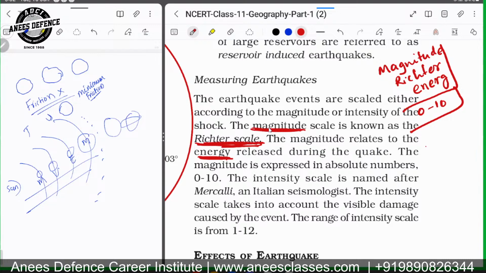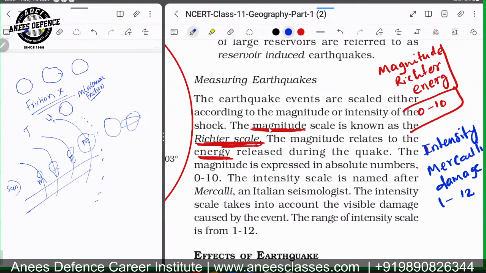Then we have intensity. I will write with a different pen. Intensity is measured in the Mercalli, which takes into account the damage. It's 1 to 12.